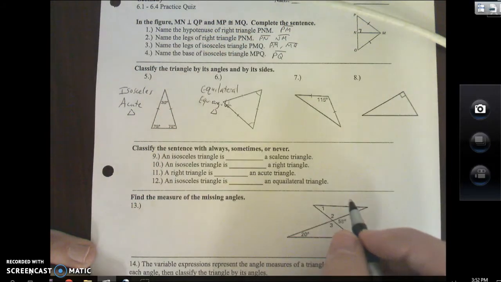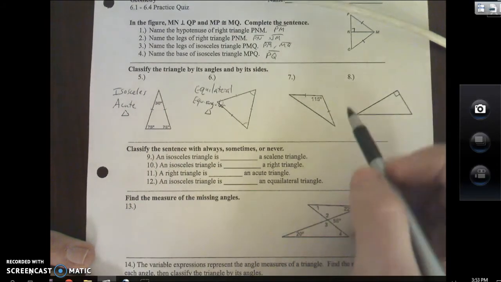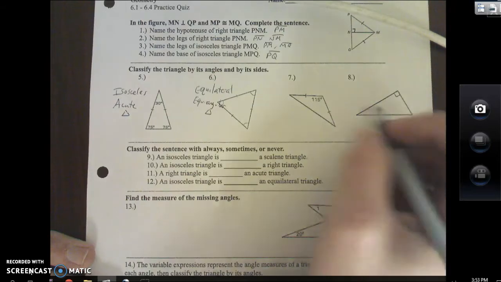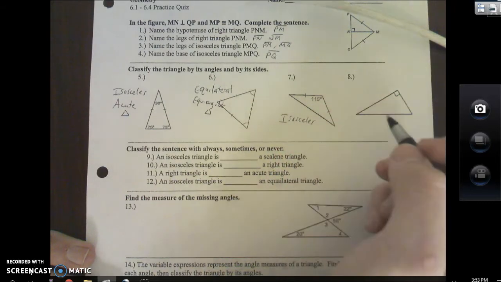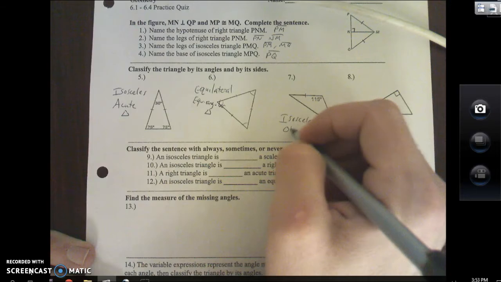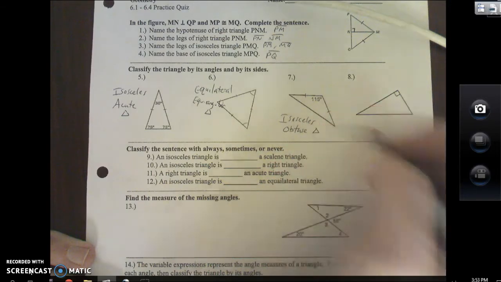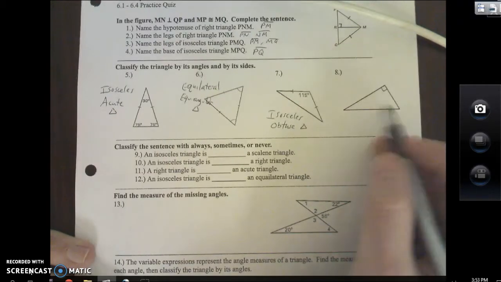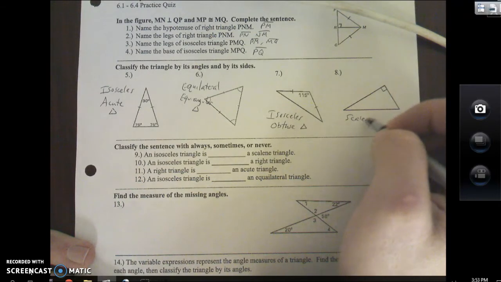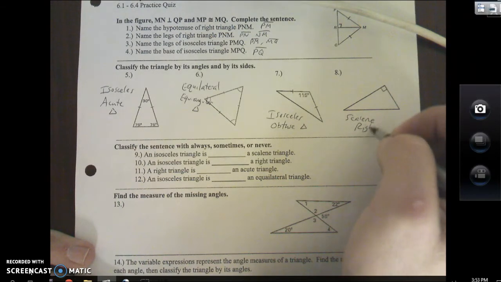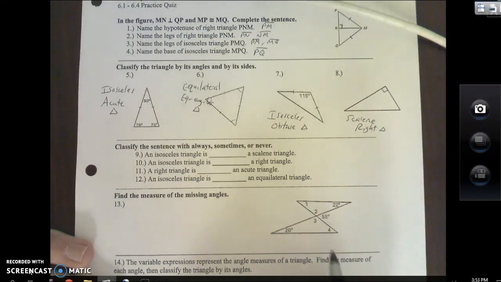Next, two sides the same, so isosceles again. The difference here is that I have an angle over 90, so that is an isosceles obtuse triangle. And finally, no sides the same but a right angle: scalene right triangle. Okay, very good.